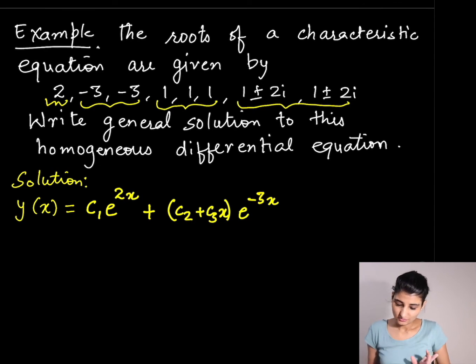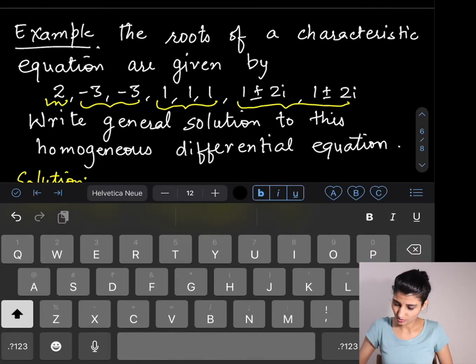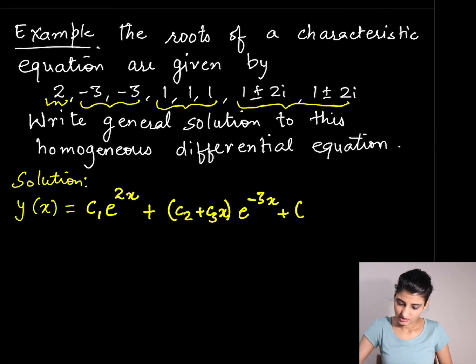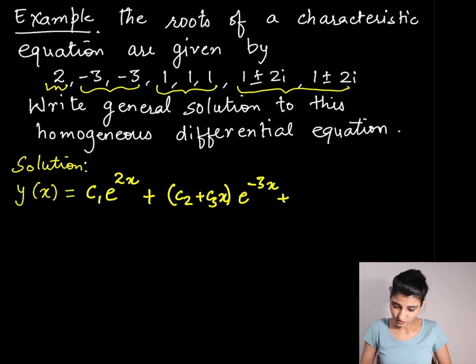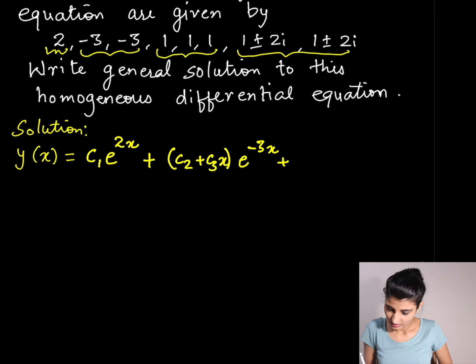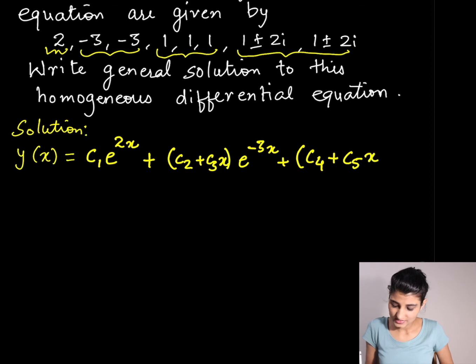Now 1 is repeating 3 times. So 1 is repeating 3 times, right? So we have c4 plus c5x plus c6 x square times e power x.